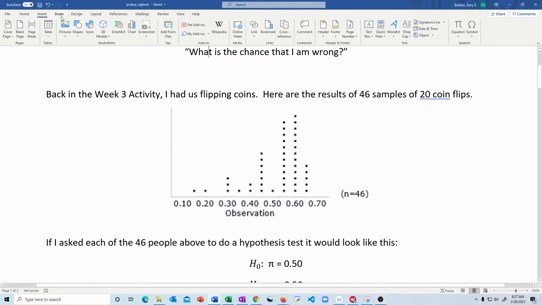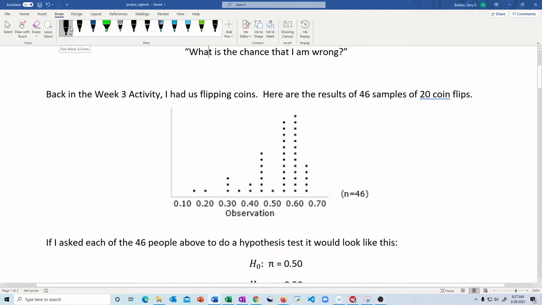Each of these is a person: 46 students, each of you flipped a coin 20 times, and then told me what proportion of heads you got. Each dot here is the proportion of heads out of 20 coin flips.